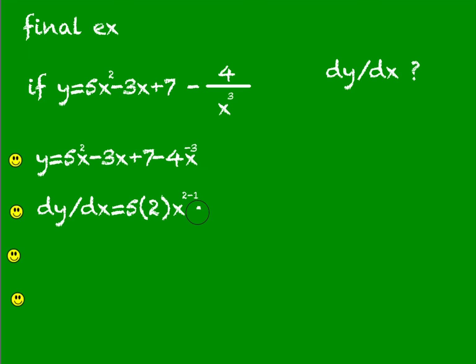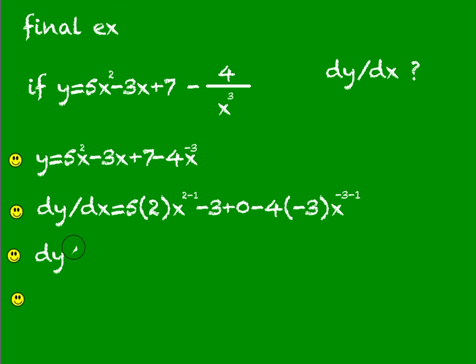Negative 3x, just the coefficient of x. 7, just a number, equals 0. Then here, negative 4 is the coefficient, don't touch it, like the 5. x cubed, and negative 3 comes down as a coefficient of x, then take away 1 from the old exponent. Here and here, we use the same method.